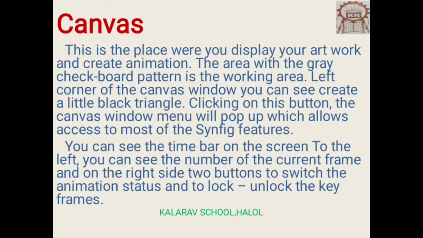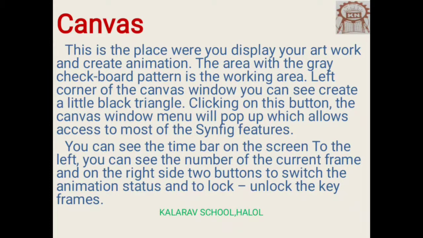Canvas. This is the place where you display your artwork and create animation. The area with the gray checkered pattern is the working area. At the left corner of the canvas window, you can see a little black triangle.